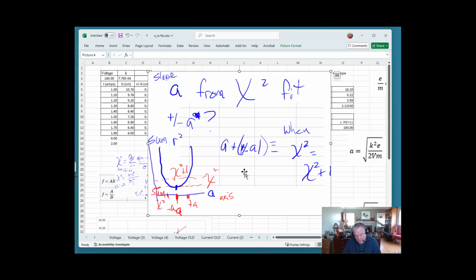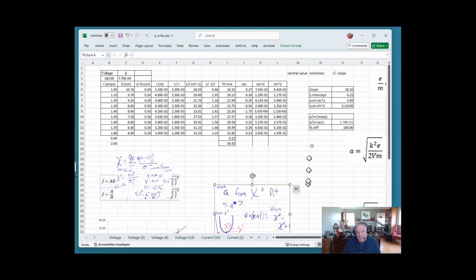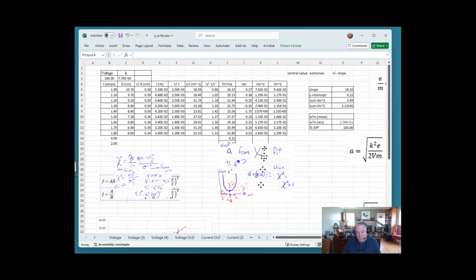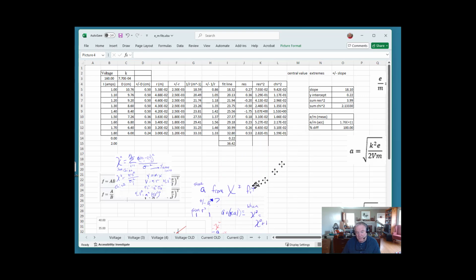The reason is that it's a little difficult to determine both the plus a and the minus a, and we're just going to get one of them, because the fit will randomly produce the plus a or the minus a, and we don't have any control over that.